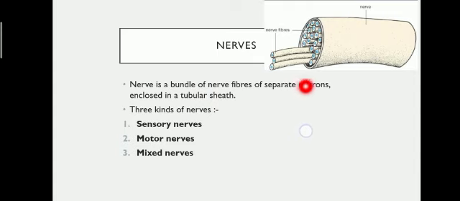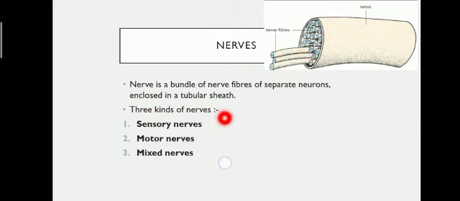The copper wire looks like the nerve fibers, and the sheath looks like a plastic sheath. The nerve fibers mainly consist of axons. The axons are present inside these nerves, and that makes nerve fibers.